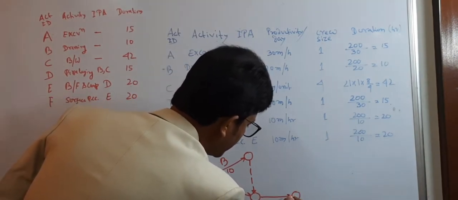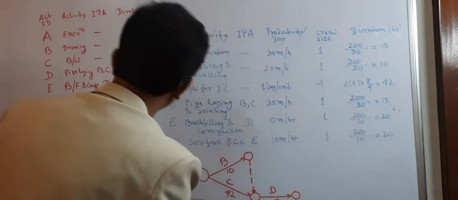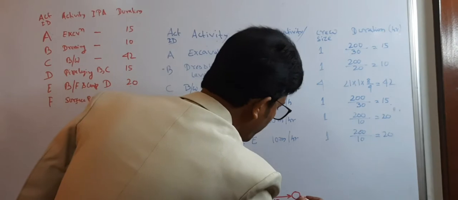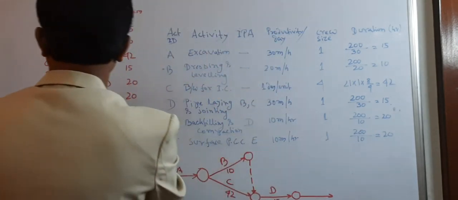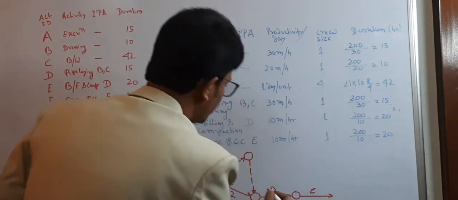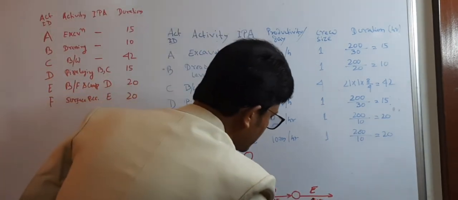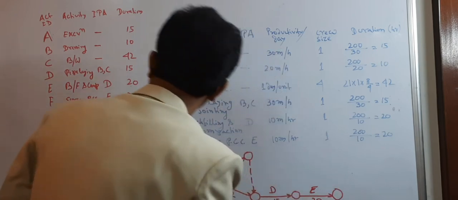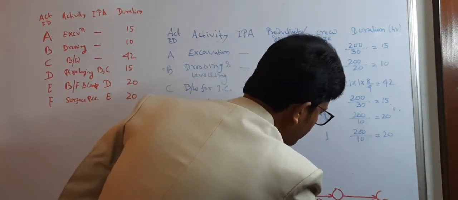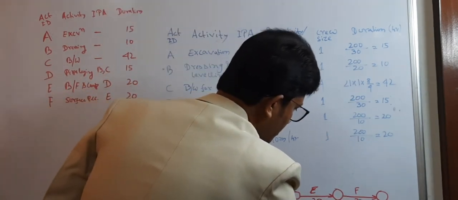This is activity D, having 15 hours, and then activity F is dependent on activity E. This activity E is having 20 hours, and finally this activity F is also having the same 20 hours.